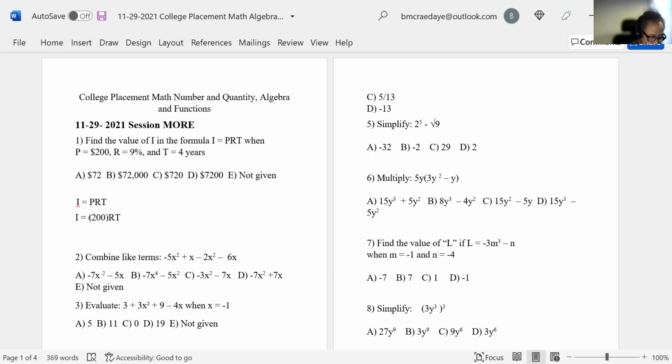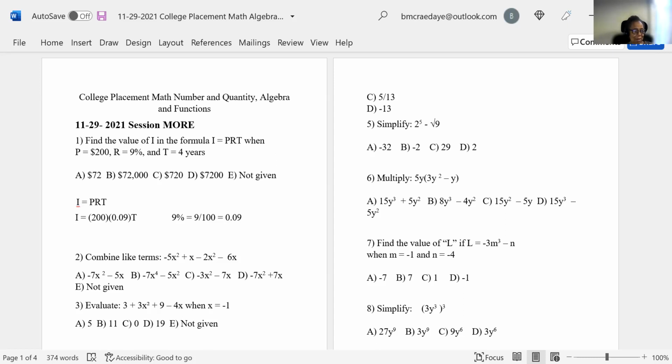Very good. So you just write it as a decimal. 9% equals 9 over 100 as a fraction, and as a decimal, 0.09, which is exactly what you said.